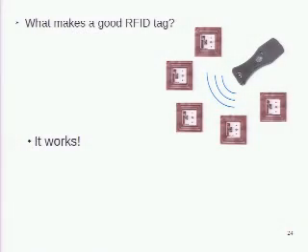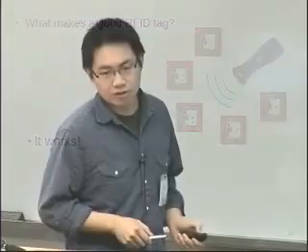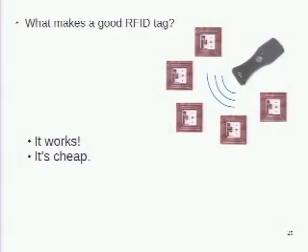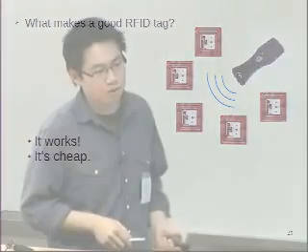An RFID tag system is usually one reader or many readers with many tags. So what makes a good RFID tag? It works. That's the first requirement. It's cheap. If you talk to anyone who works in this industry, it has to be cheap.